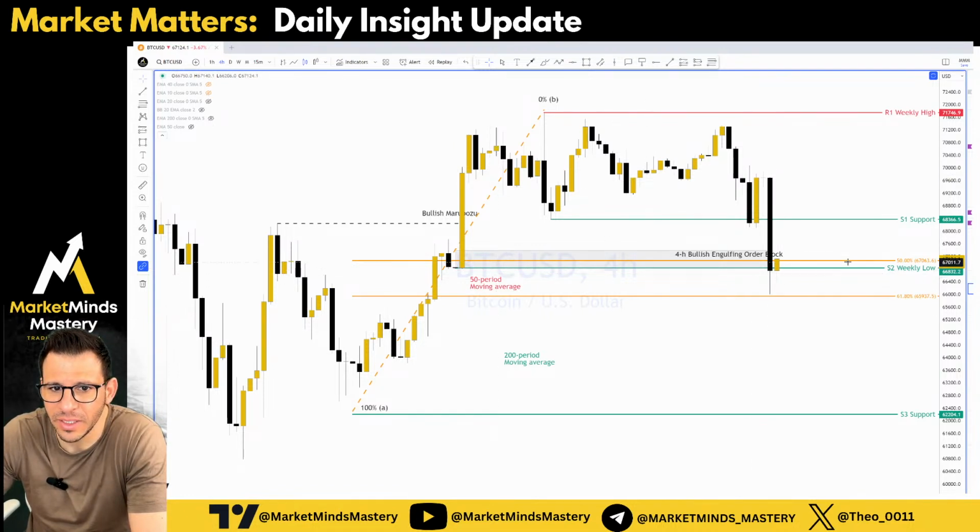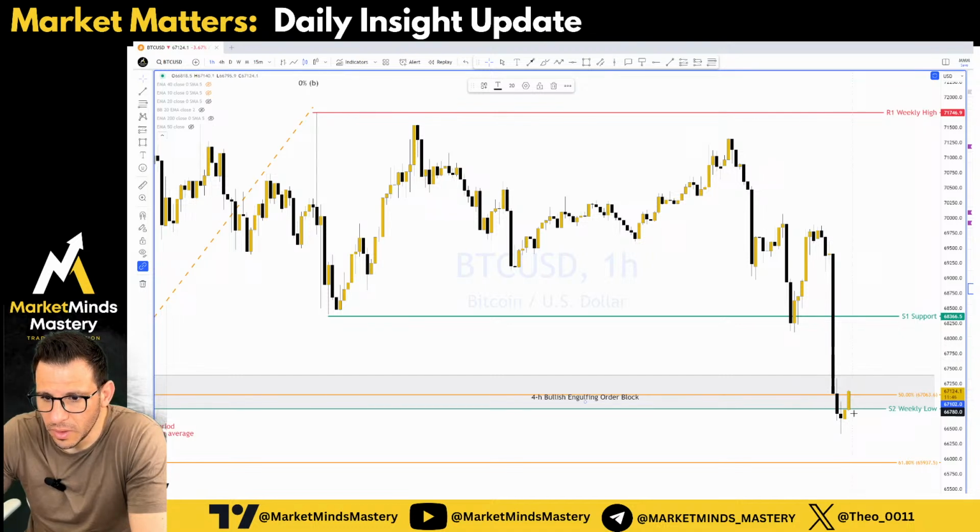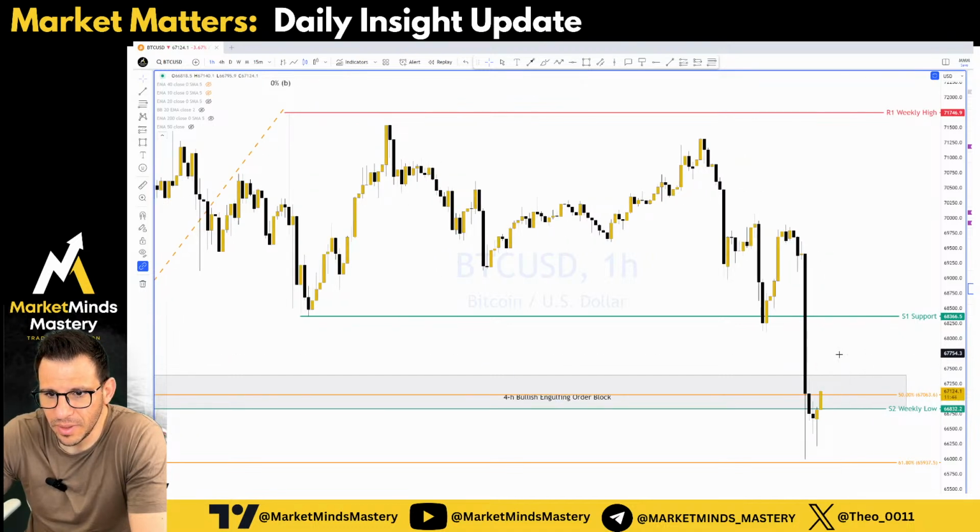Now it enters into this area of support S2, that was the previous week's low. Here the price also finds a 4-hour bullish engulfing order block at this point. It's this one here. So on the lower time frames, there are some good trades to be made.